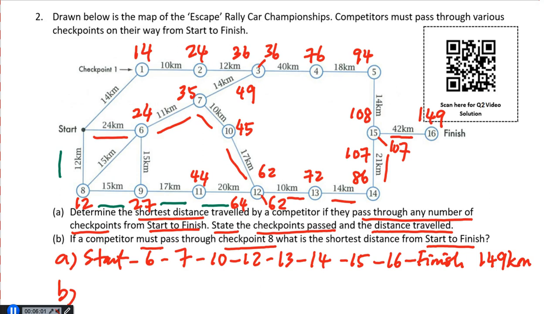So if you look at the route involved, I can still use the same point here, but what is the extra if you compare? If you compare the two values here, you have 64 and 62, so that means the extra will be 2. So the distance for this, the extra will be another 2 more, which becomes 151 kilometers.